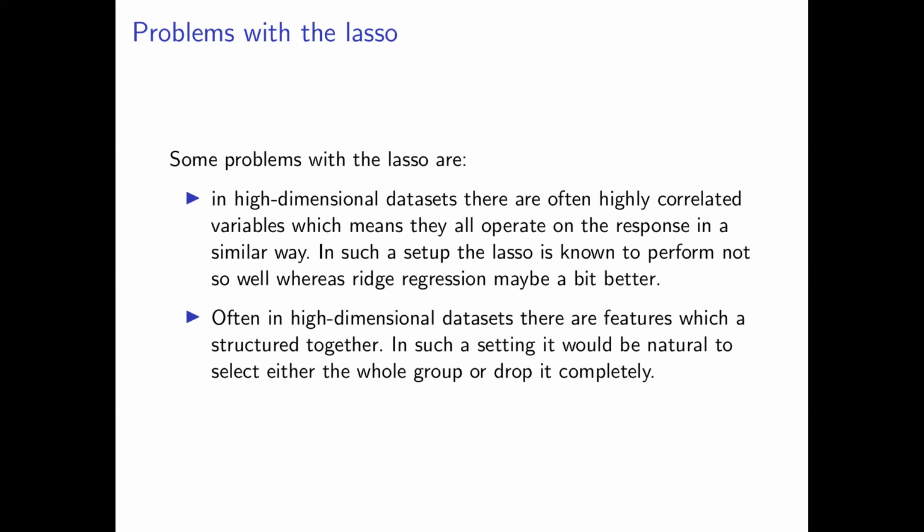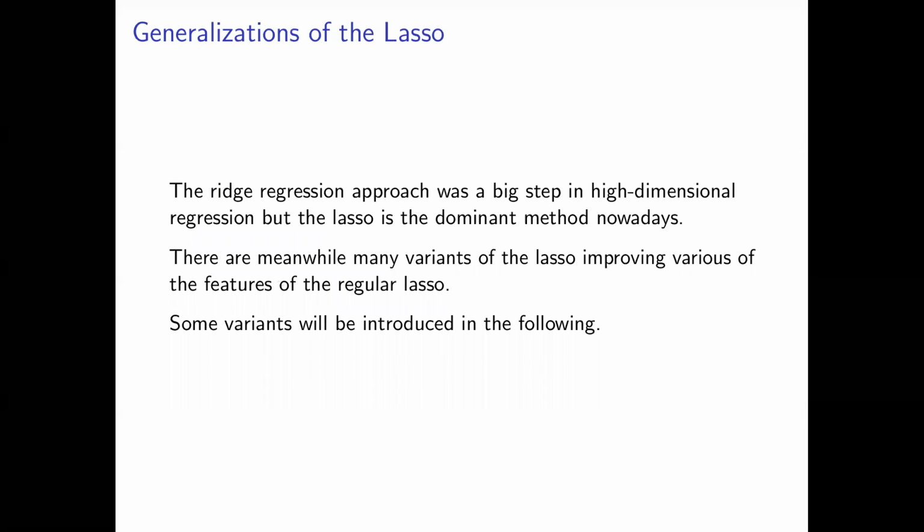Also, in high dimensional data sets, features are structured together, and then it would not make sense to shrink part of one feature but not the rest. Therefore, we will later look at the group-wise lasso, which is a generalization of the original lasso algorithm, for looking at a whole set of parameters instead of just one single part of it.